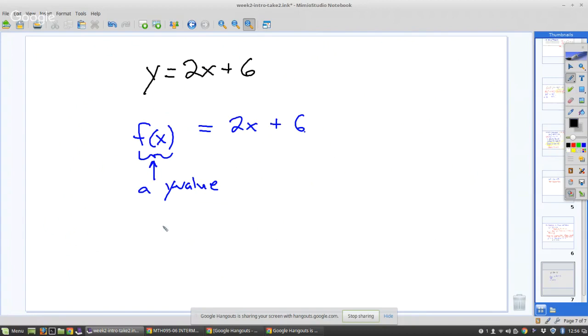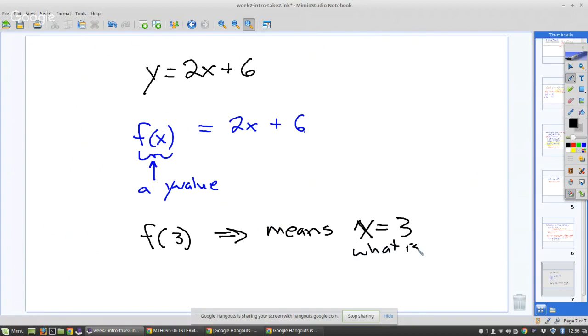So for example, if I wrote something like f of 3, the translation of that means x equals 3, right? Because I wrote that instead of the x. What is y? So function notation allows us to say a lot with just a few symbols.